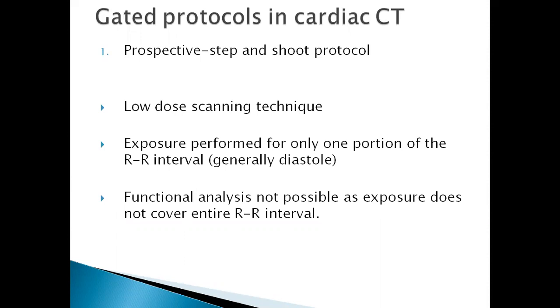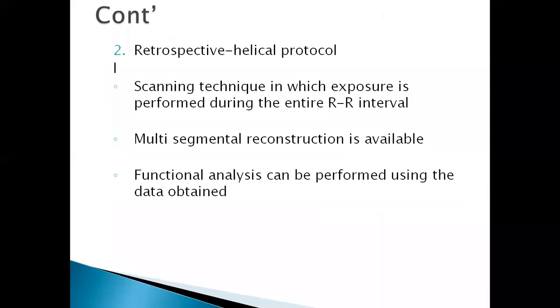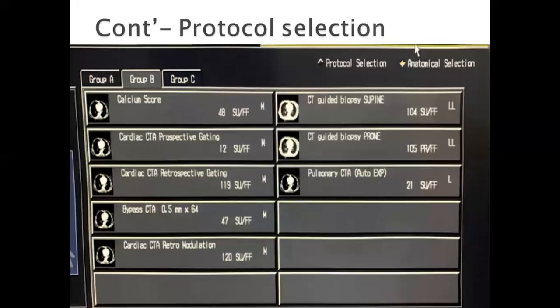And because it only scans parts of the RR interval and does not cover the entire thing, functional analysis is not possible. Retrospective, on the other hand, will scan continuously throughout the RR interval. Because of this, multi-segmental reconstruction is available for retrospective, and functional analysis can also be obtained using the data.